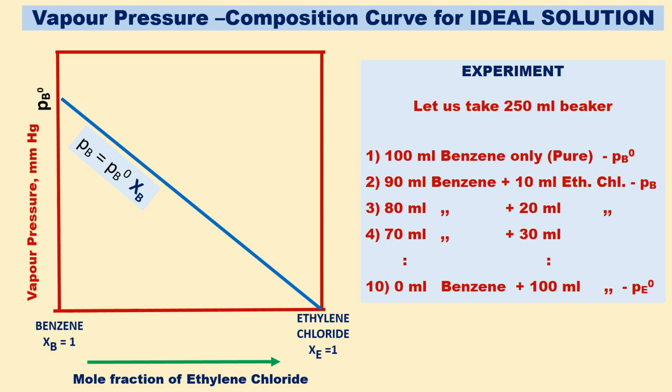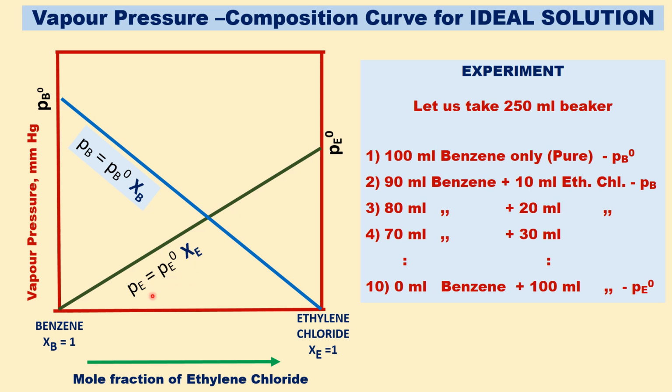Similarly, let us do it in reverse. Then this graph is obtained, first for PE naught, and then as the concentration of ethylene chloride decreases, the vapor pressure also decreases.